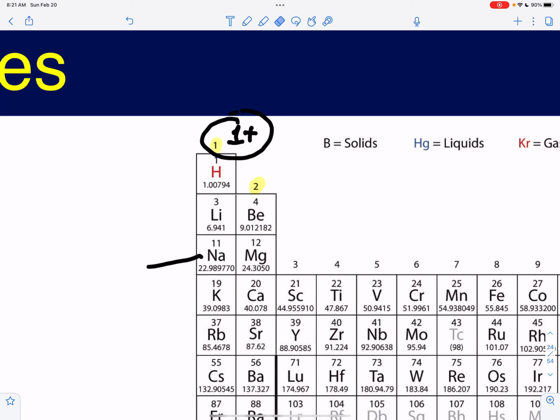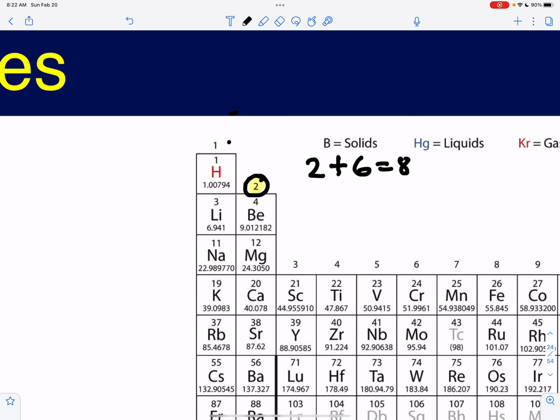So let's do the other one so you can see where these numbers are coming from. So group number 2, 2 valence electrons, 2 choices. It can gain 6 more to be like 8, or it can lose the last 2 so that the level that remains has 8.